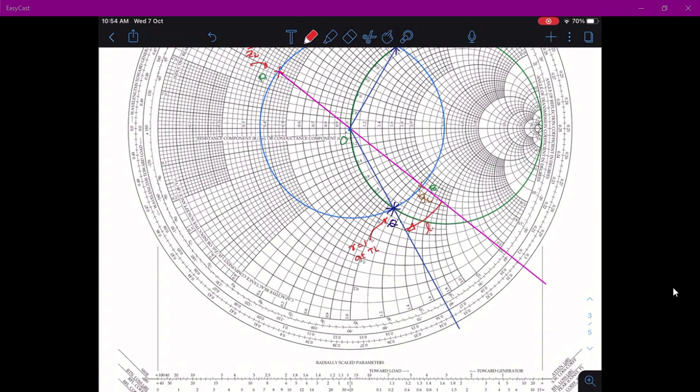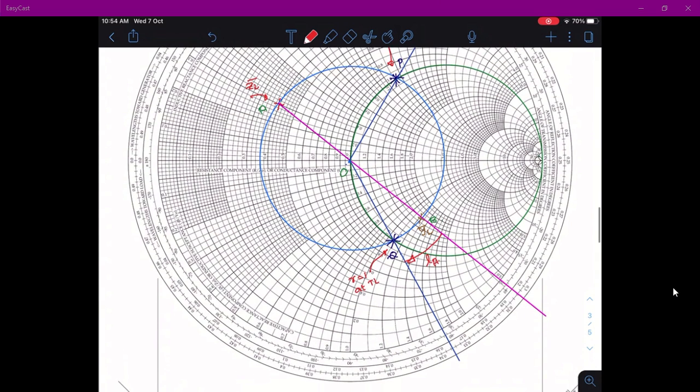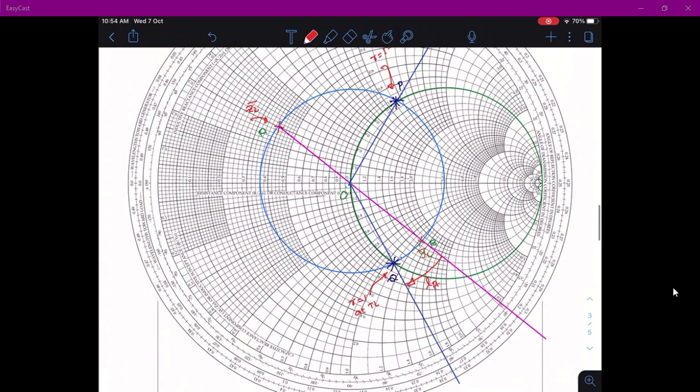Actually we will get 2 distances because it is intersecting at 2 different points. So this is LA, and then there is another point P here. If you move from B in the counterclockwise direction to P, you will get the next length LB. In your transmission line there will be multiple points at which resistance is equal to 1, so you can connect the stub at any point.